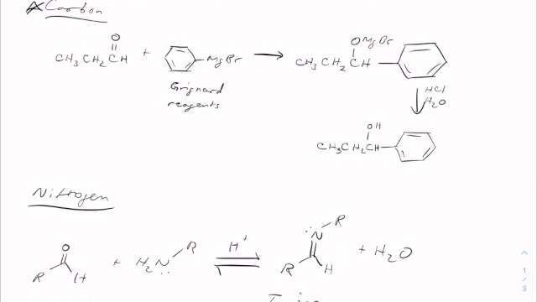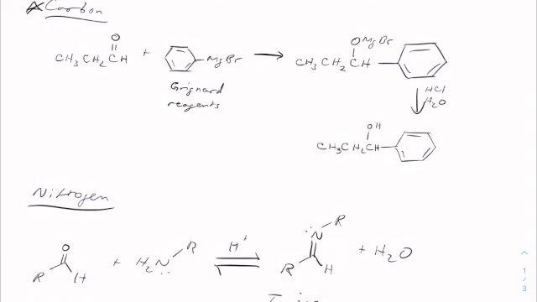So basically this simple mechanism just shows how we bond the Grignard reagent portion to this carbonyl chain that we have, where the MgBr attaches to the oxygen and takes away that double bond, and the ring structure attaches to that carbon that has a space.